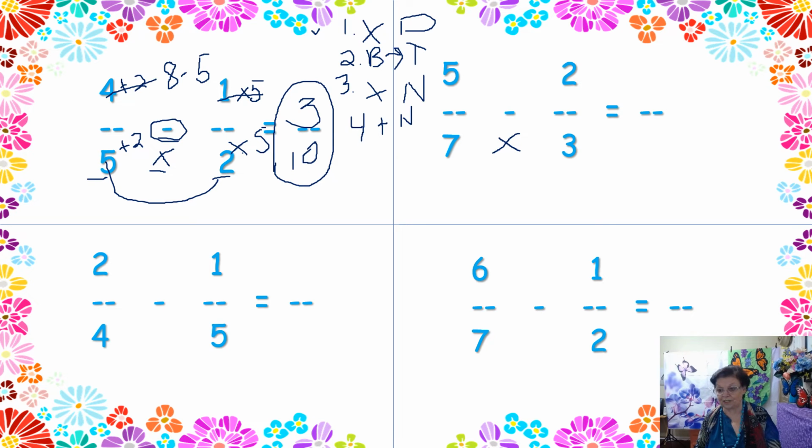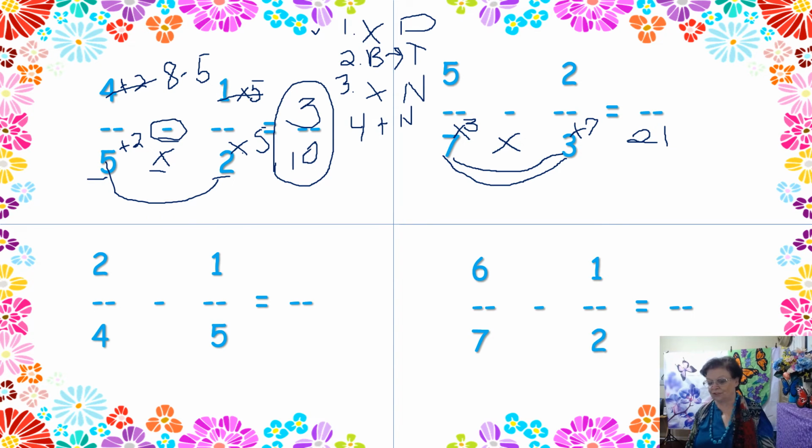7 times 3 is 21. Whatever you do to the bottom, you have to do to the top. So the 7, we multiplied it times 3. And the 3, we multiplied it times 7. Whatever you do to the bottom, you have to do to the top. 5 times this 3.